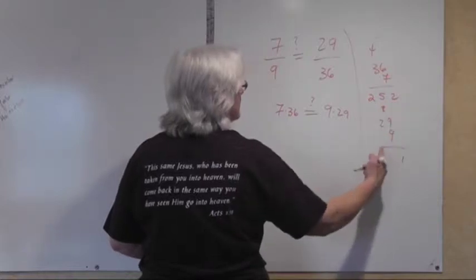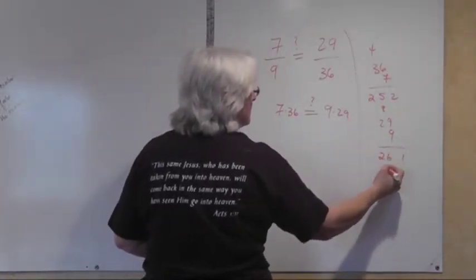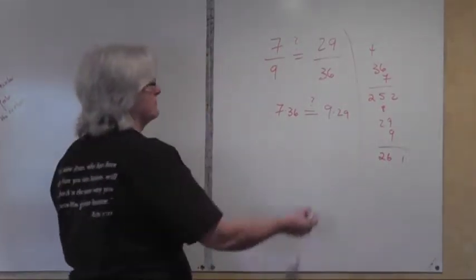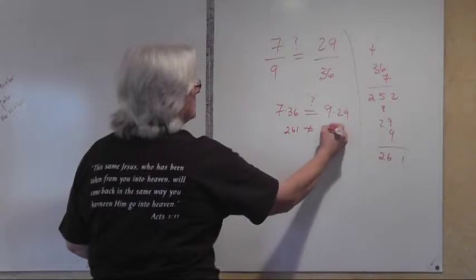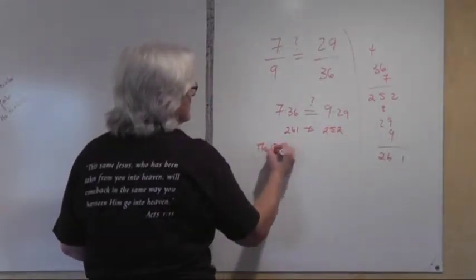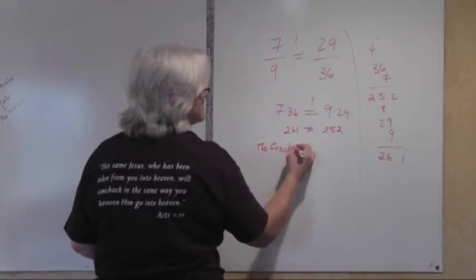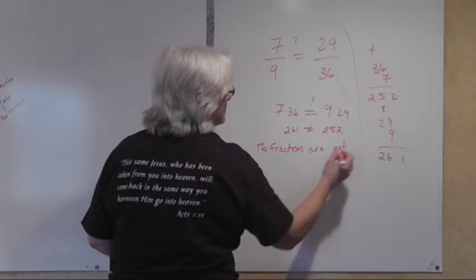Carry 8. 2 9s are 18 plus 8 is 26. 261 is not equal to 252. The fractions are not equivalent.